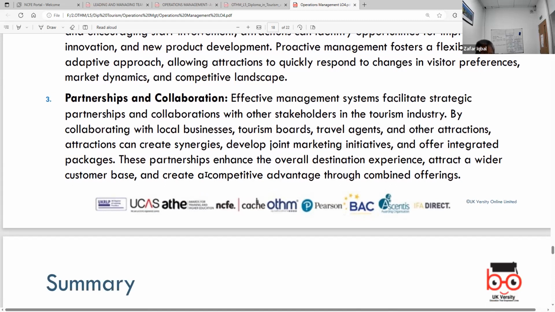Okay, partnerships, collaborations, i.e., again, how are you going to collaborate with local businesses, travel agents, tourism boards, for example. You're going to work with different hotels, for example, or different stakeholders, inner or external stakeholders, right? So how are you going to cooperate?